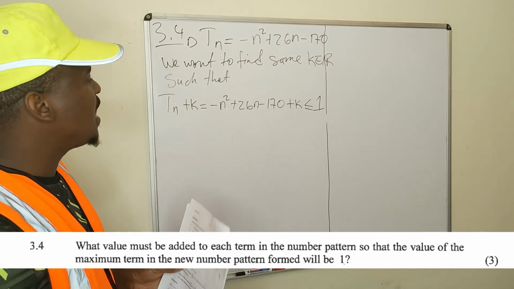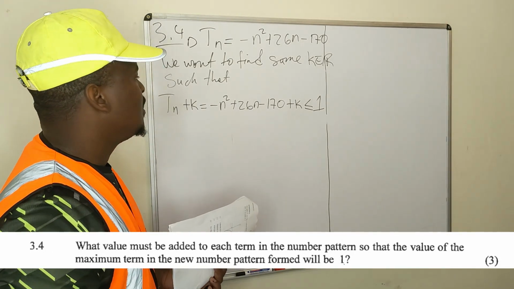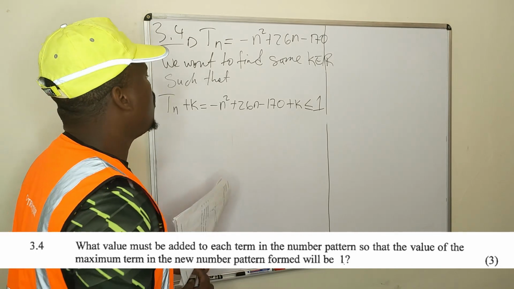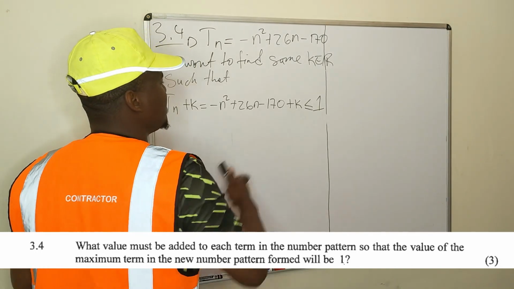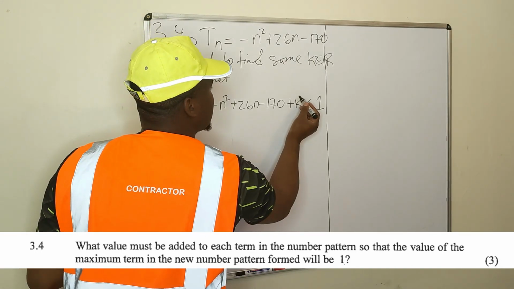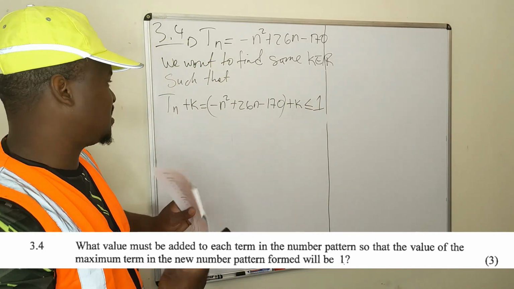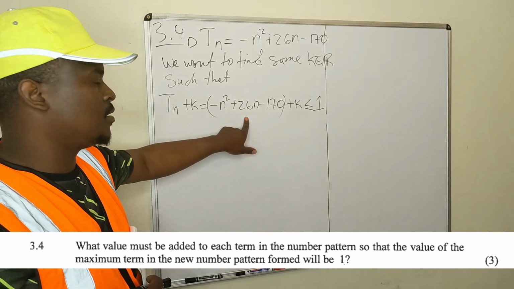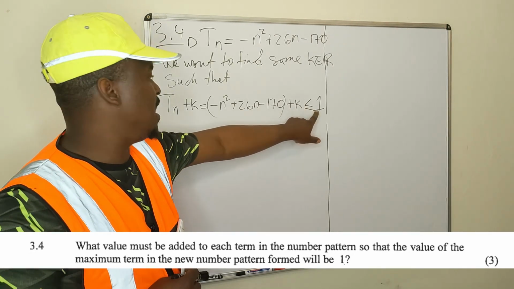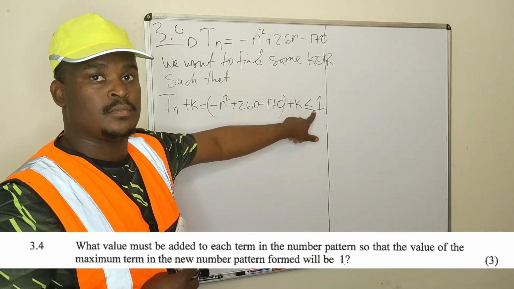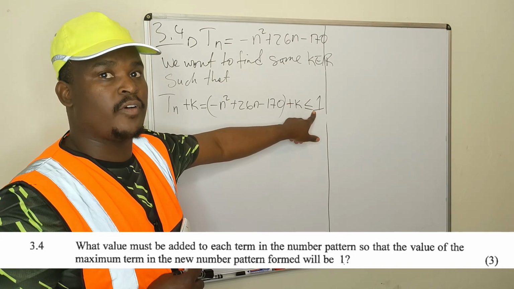So now what we need to do, whatever the value of k is, when we add it to the maximum of this pattern, it should be less or equal to 1. That's what we're trying to find.